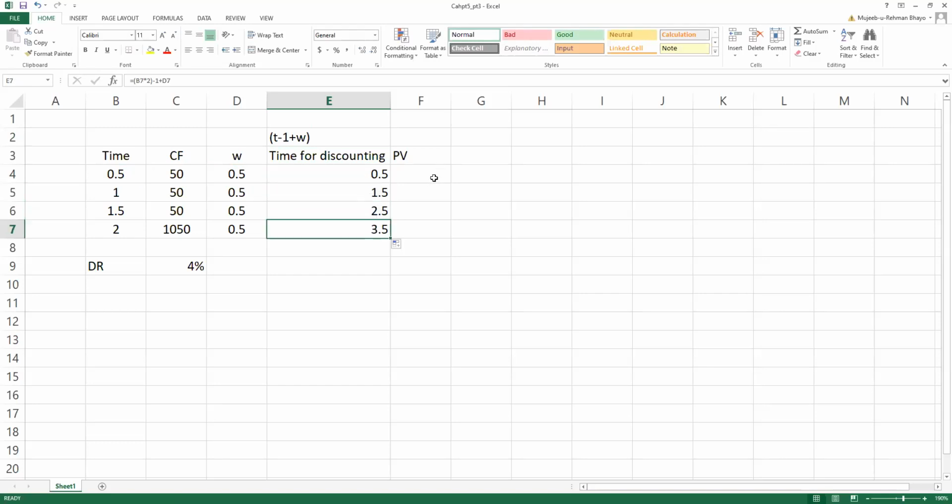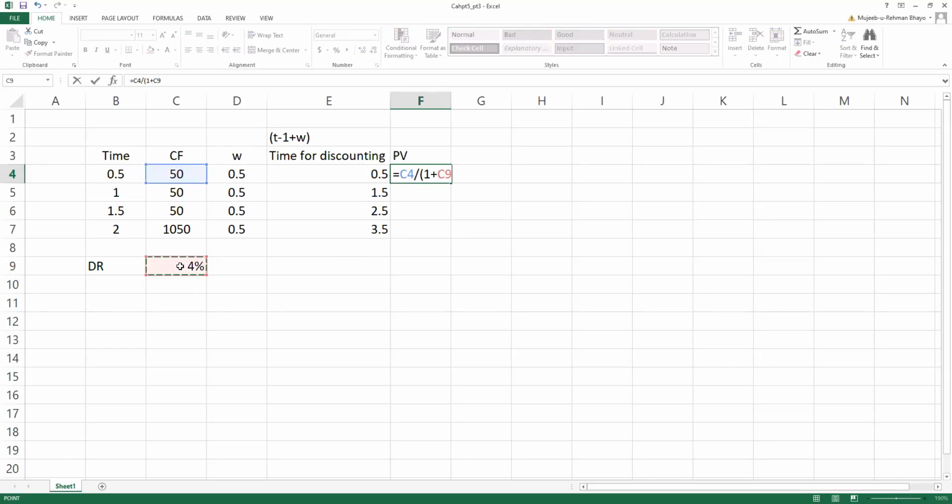Now we have to discount back each of these cash flows using these new time periods. So again, 50 divided by 1 plus, remember we have an 8% annual discount rate, semi-annual it will be 4%, raised to the power of this. If we want to drag this formula, we have to fix the value of this cell. So it is now 49.02 and so on.